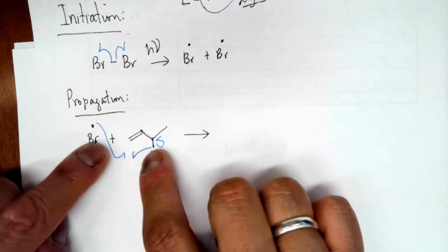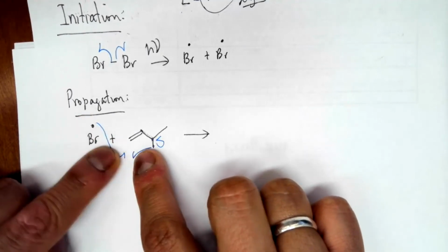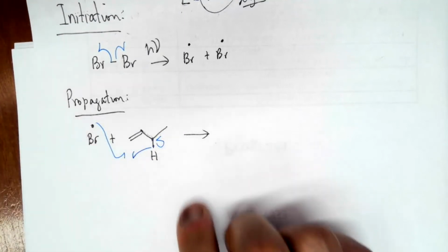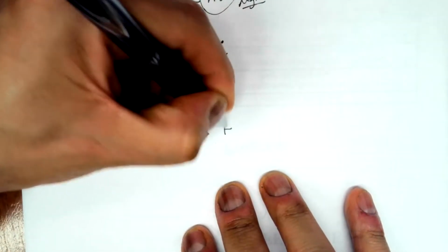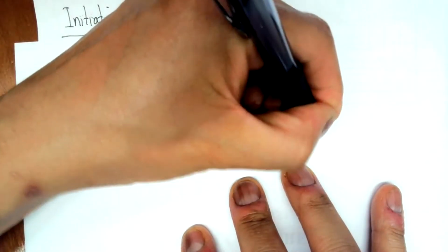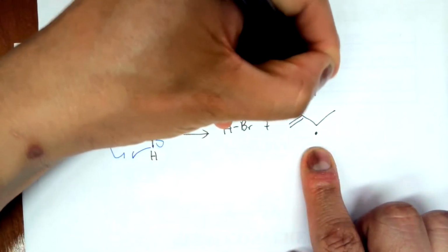They don't have to overlap or cross, but I'm showing that these two fish hooks are getting closer, meaning that they are forming a chemical bond, and this other half goes to the carbon. So what happens here is HBr, because this is a hydrogen abstraction, and I get the allylic radical.